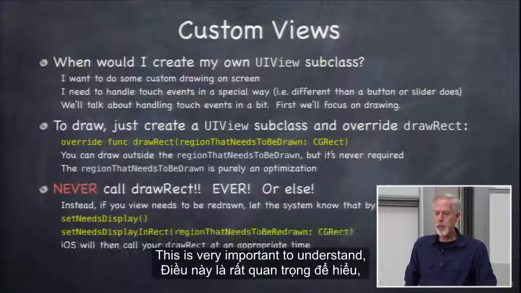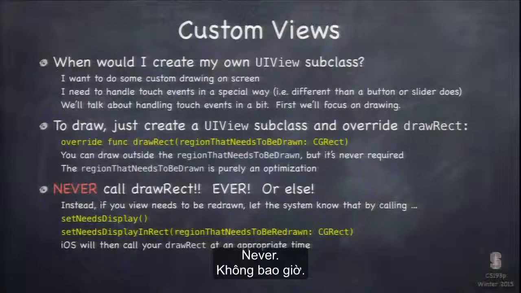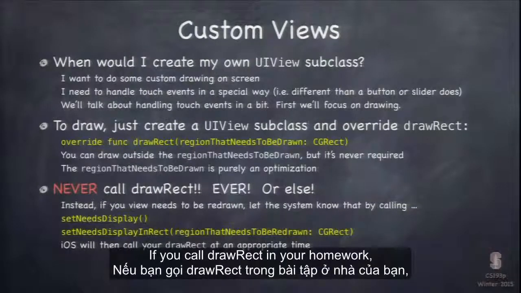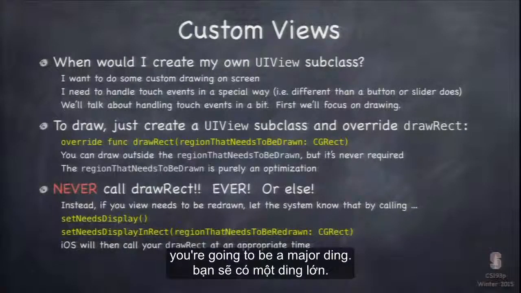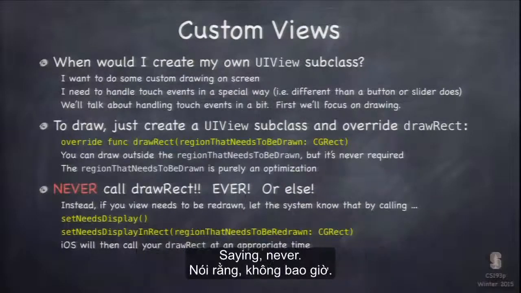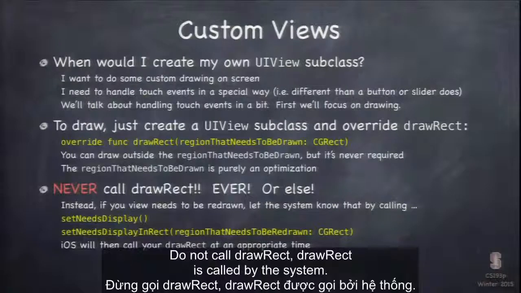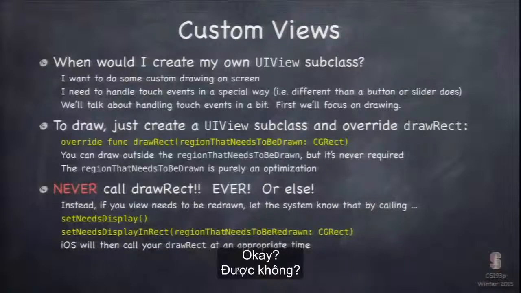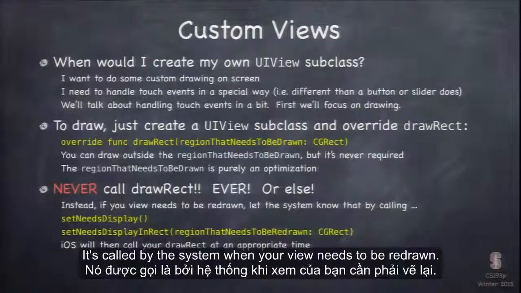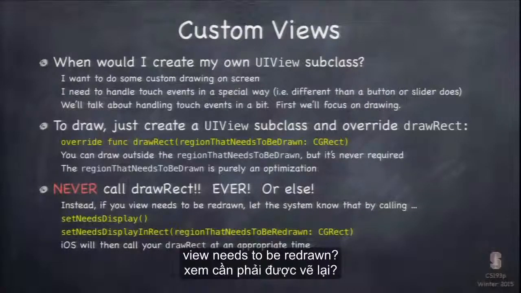This is very important to understand. You never call drawRect. Ever, never, never. If you call drawRect in your homework, you're going to get a major ding, because I'm standing here in front of you with red text on my slide saying never. Do not call drawRect. drawRect is called by the system. It's called by the system when your view needs to be redrawn. How does the system know your view needs to be redrawn?